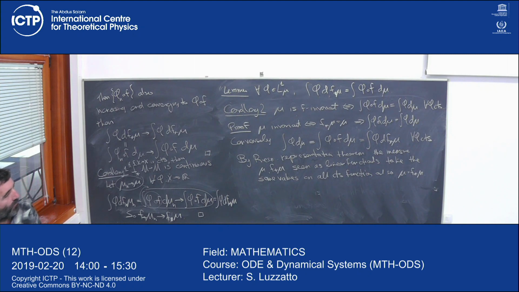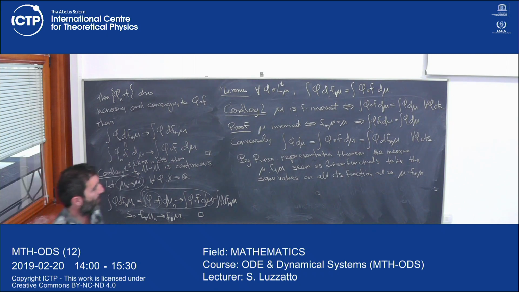Is this the Hahn-Banach theorem or the Riesz representation? The Riesz representation theorem says that every measure can be seen as a linear functional. That every measure has a representation as a linear functional. In the L1 functions, uniquely. The other way, right?